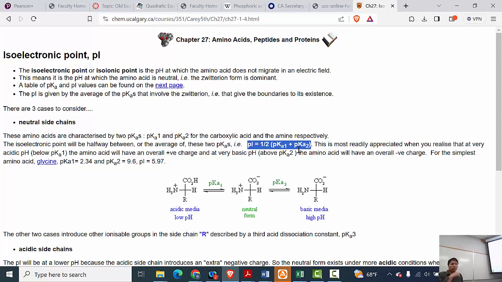One of the equations we use is the Henderson-Hasselbalch equation. The Henderson-Hasselbalch equation is for when you have a weak acid and weak base that are conjugates of each other. But what if you have what we call an amphoteric ion? An amphoteric ion can go either way. It can act as an acid, or it can act as a base.